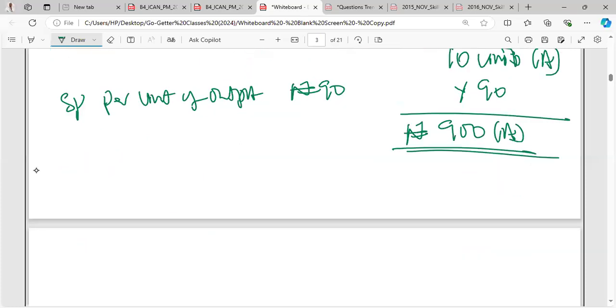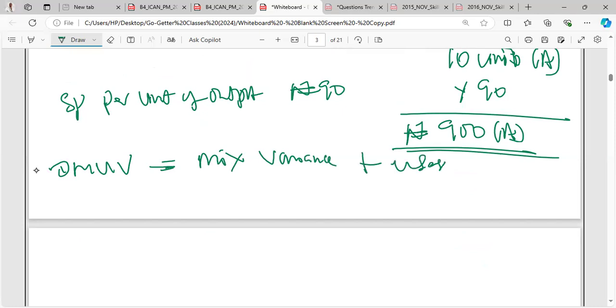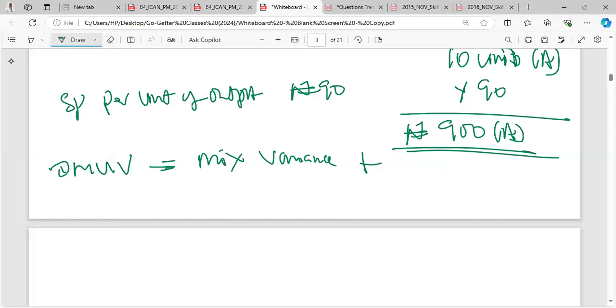And so we say our direct material usage variance is equal to mix variance plus yield variance.